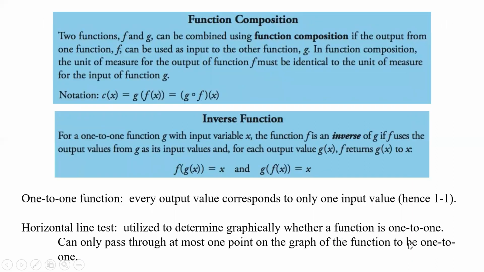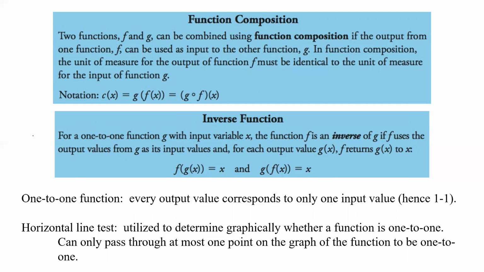Then our fifth actual function operation is called function composition. Two functions f and g can be combined using function composition if the output from one function f can be used as an input to the other function g. In function composition, the unit of measure of the output of function f must be identical to the unit of measure for the input of function g.